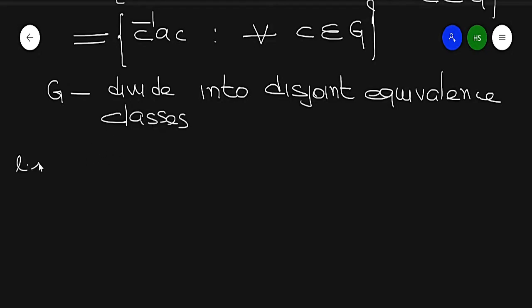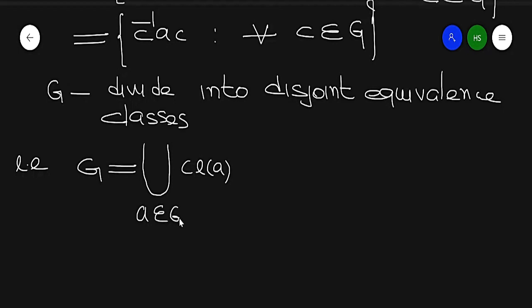It means G can be written as the union of the class of A, where A is a member of G. So these are the disjoint equivalence classes.